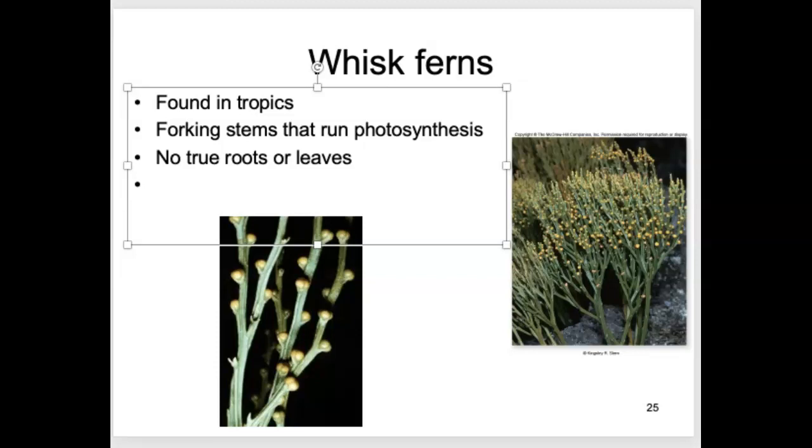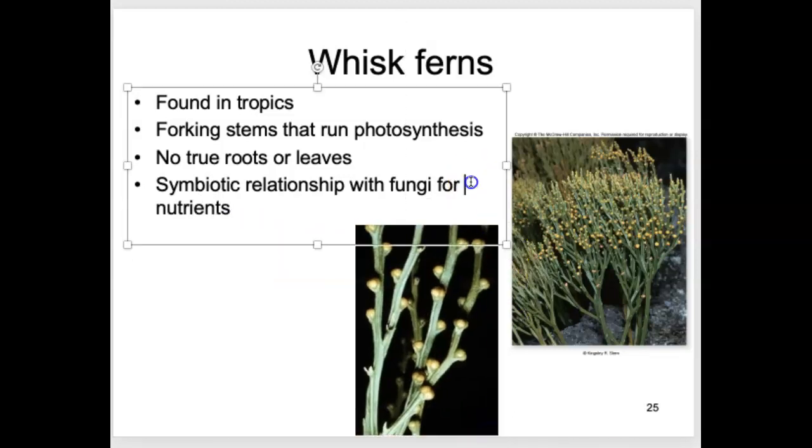They will often have a symbiotic relationship with fungi in order to obtain increased levels of nutrients. So the fungi can capture more nutrients and give the plant nutrients, and the plant gives the fungi sugars, etc. So hopefully beneficial.